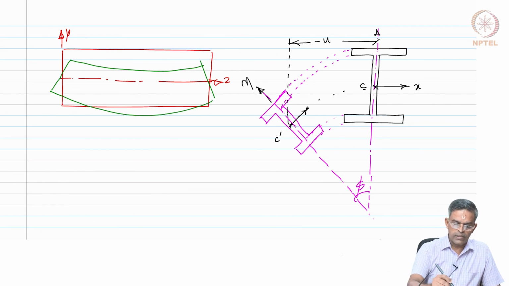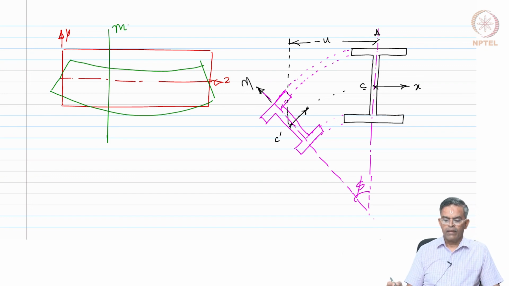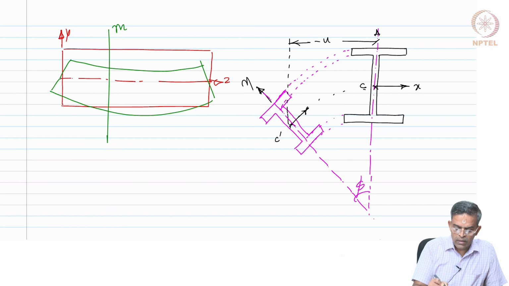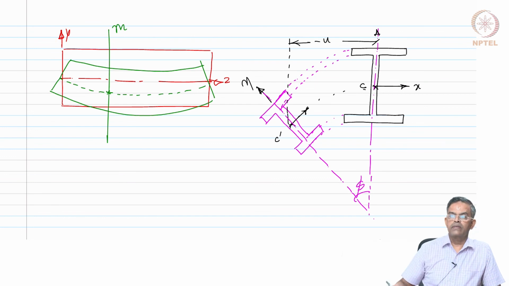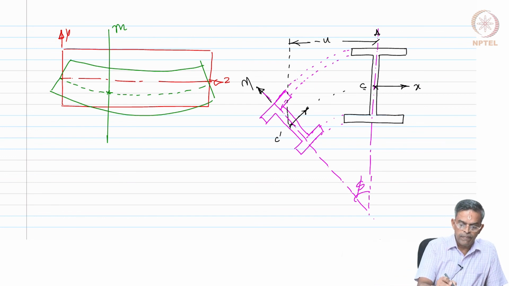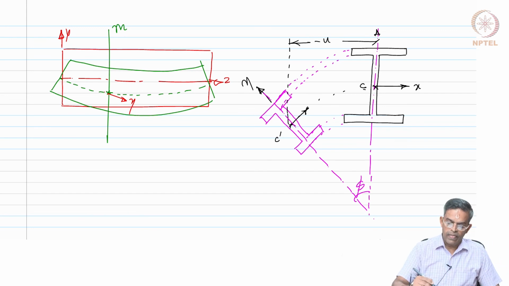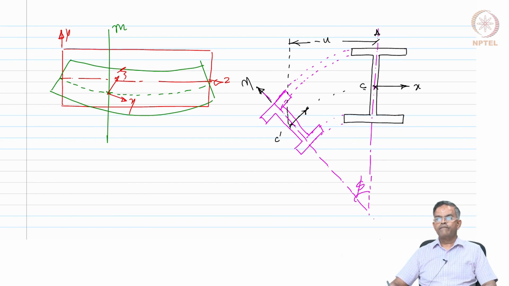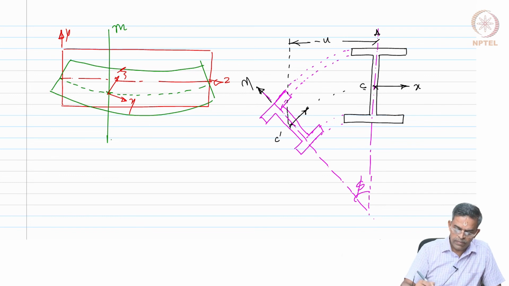Let us cut a section M, and let me mark the neutral axis of the new one, and let the intersection be eta and zeta.